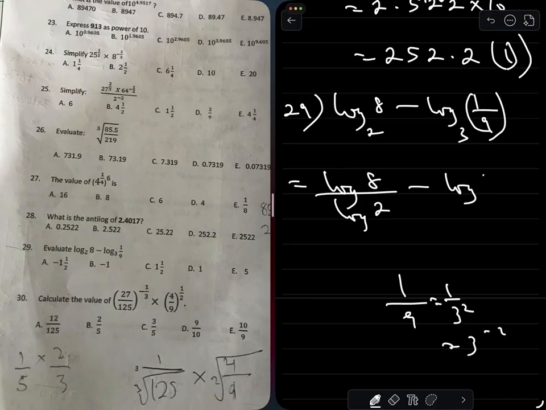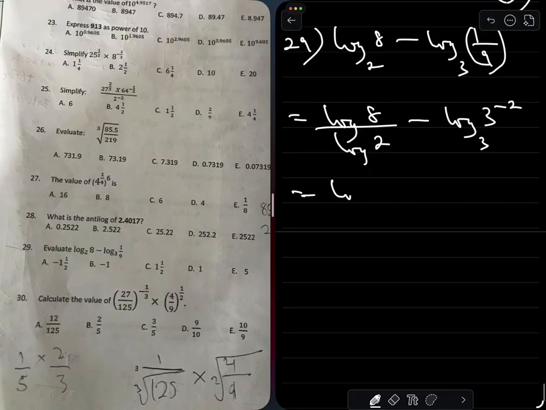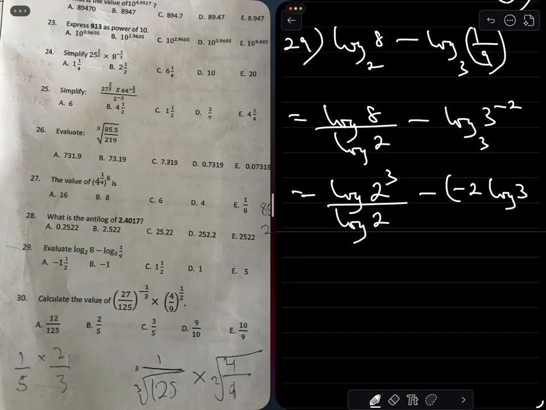So that's log 3 raised to the power minus 2 base 3. Do you understand? Yes. And that's equal to what?